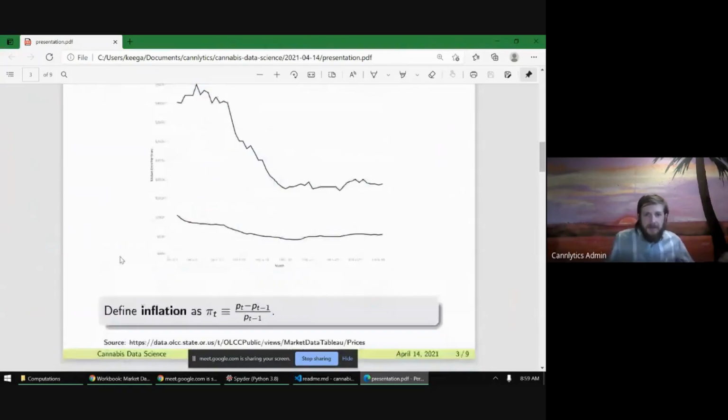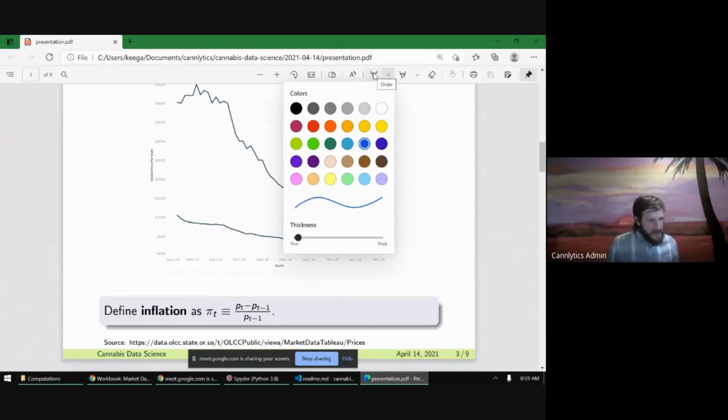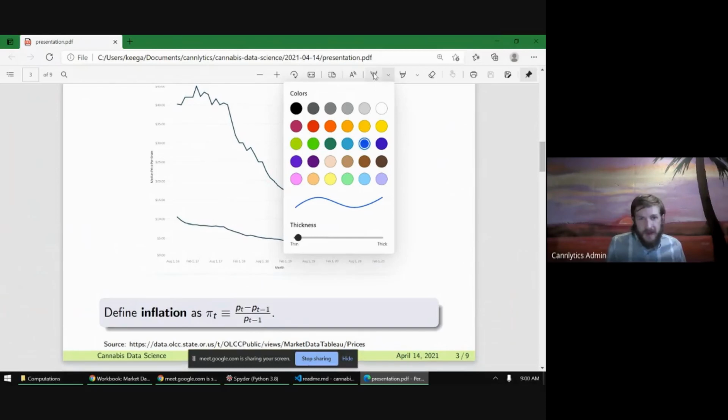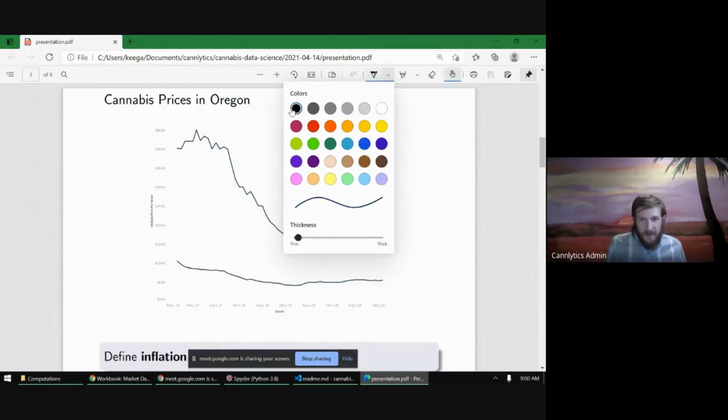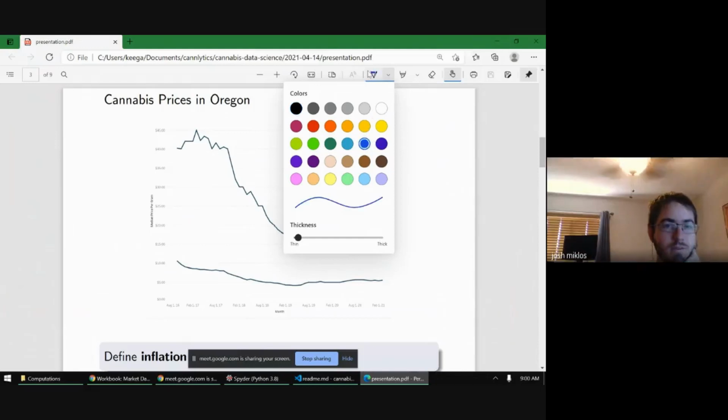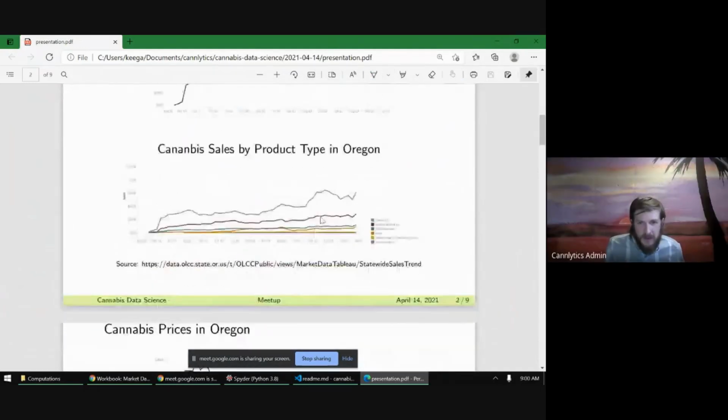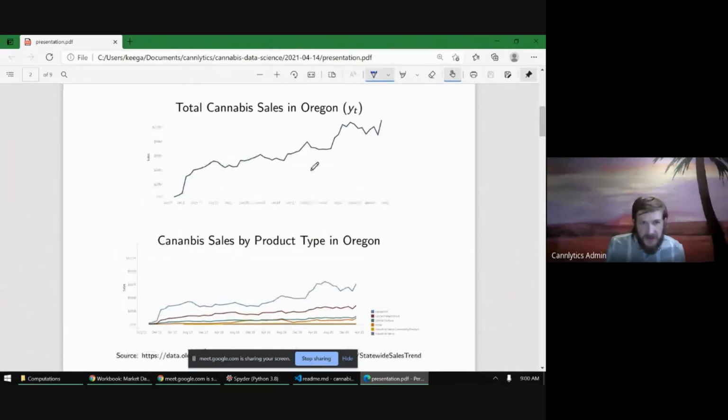So basically, what you're getting here is like the basket of goods that the consumer has. If you go up here, you'll see, out of the total sales, let's say flour is 60 million out of 100 million.